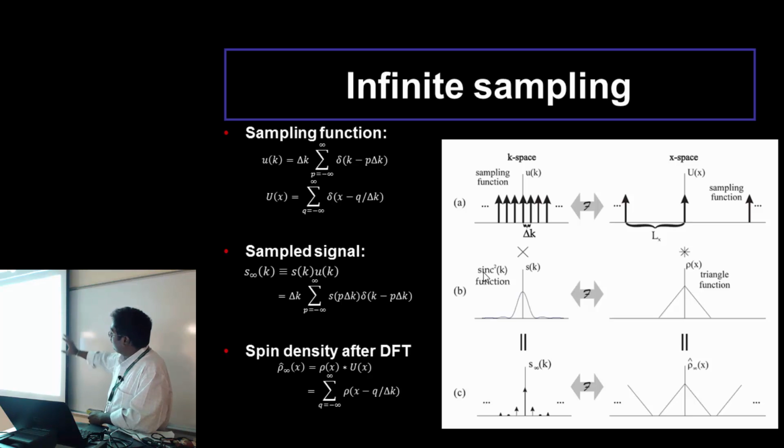So you have your image space object convolved with your sampling function, which is periodic in every L, which means that your object that you're reconstructing is periodic every L. So now let's say you're not sampling at the right rate.